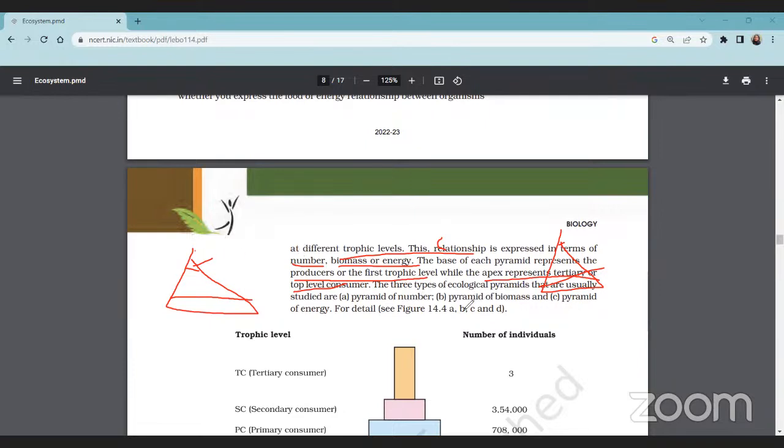There are three types of ecological pyramids: the pyramid of number, the pyramid of biomass, and the pyramid of energy. We can represent by the number, or by the biomass, or by energy.